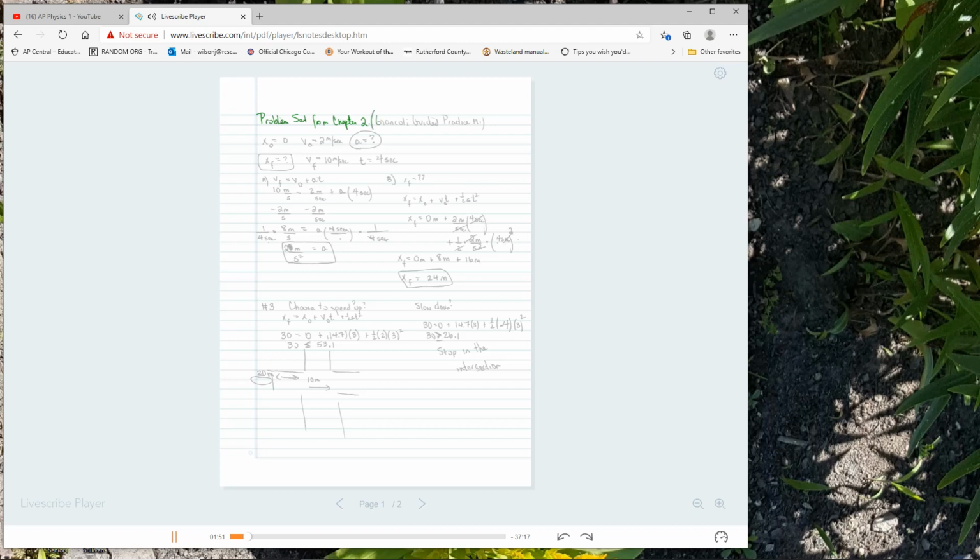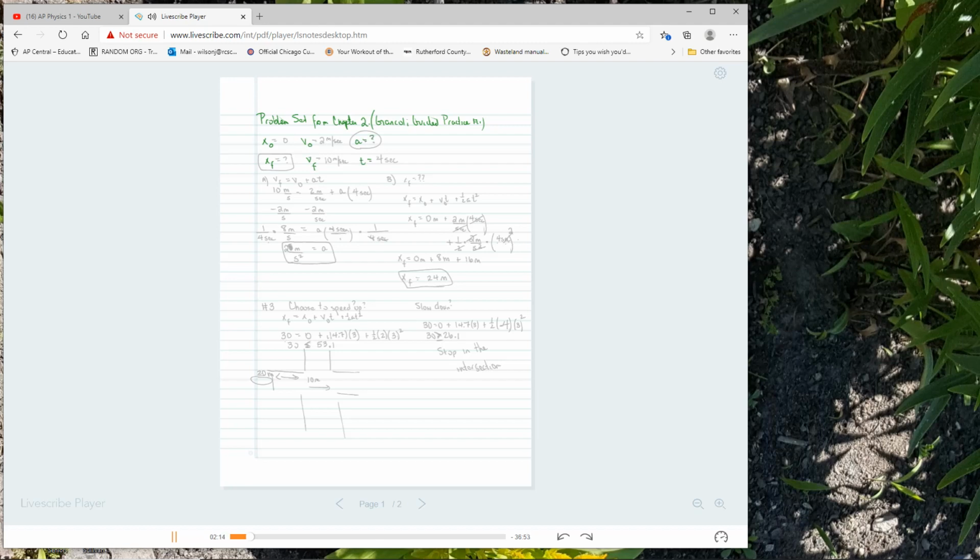So anytime I start a problem with this, this is the Giancoli guided practice number 1. So we don't know the original position, we don't know the final position, the initial velocity, the final velocity. I always start my problems by listing everything I know.